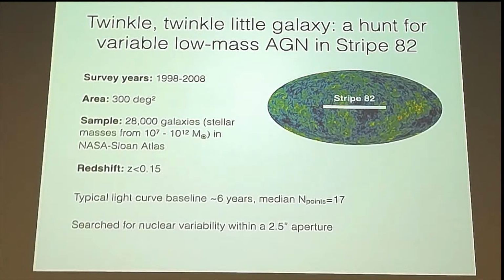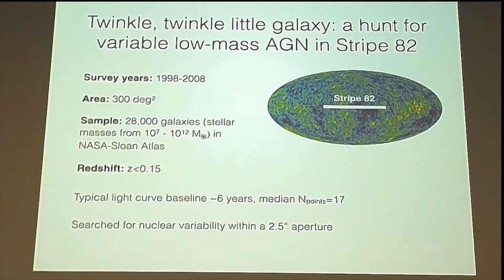The sample of galaxies that I looked at was comprised of 28,000 relatively nearby galaxies, ranging in galaxy stellar mass from about 10^7 to 10^12 solar masses, from a catalog called the NASA Sloan Atlas, which is just a really nice catalog of galaxies that all have Sloan Digital Sky Survey spectroscopy and estimated stellar masses.